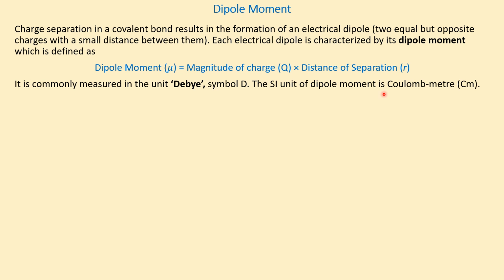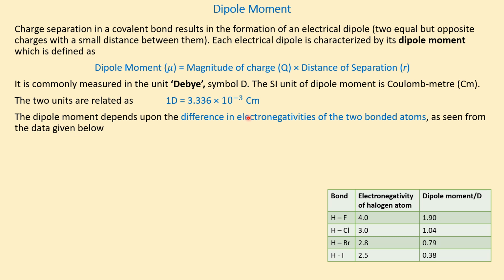So it is commonly measured in the unit of debye, symbol capital D. The SI unit of dipole moment is coulomb meter, Cm. Capital C is for coulomb, small m is for meter. The two units are related as 1 debye is equal to 3.336 times 10 to the power of minus 30 coulomb meter.